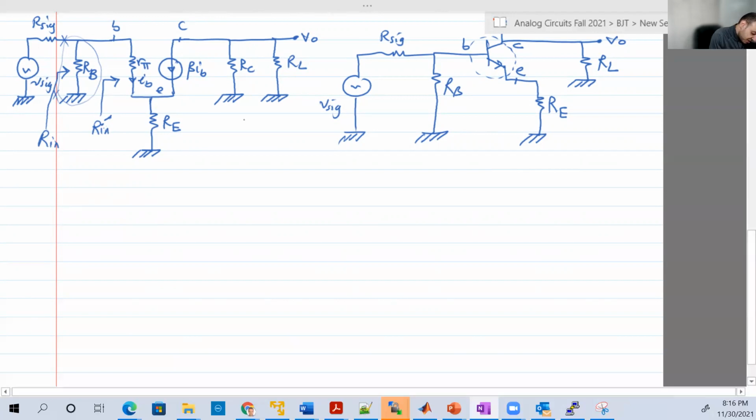So I'm gonna draw the rest of the circuit here, and let's divide it in 2 halves.